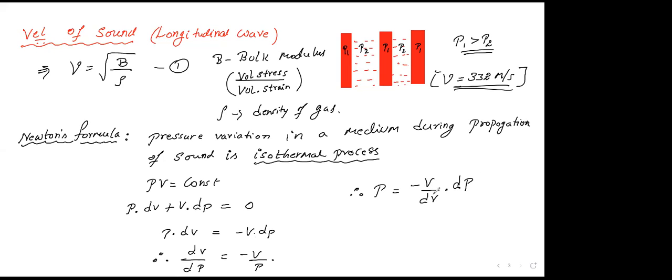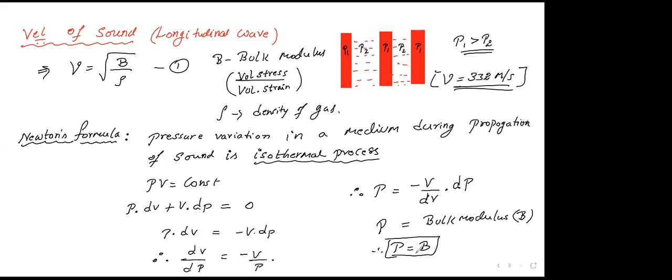Okay, see here, this is the bulk modulus factor I told you: volume stress by volume strain. So it is basically the volume changes. This is the bulk modulus, so this P, pressure, can be taken as the bulk modulus B. Okay, so this is Newton's assumption.